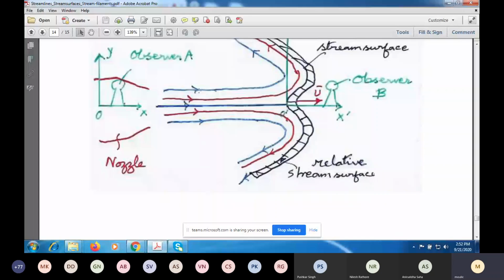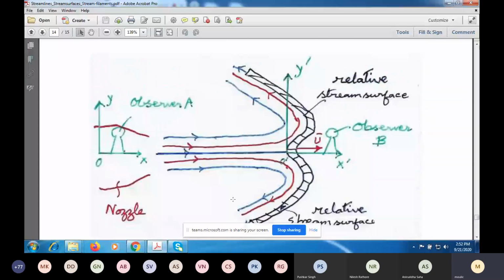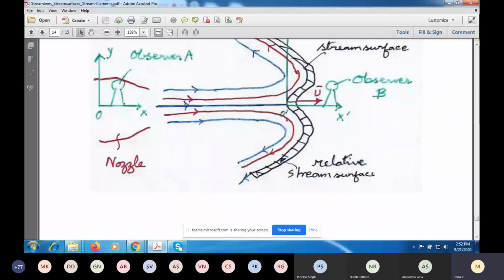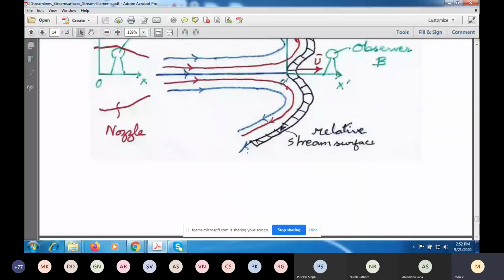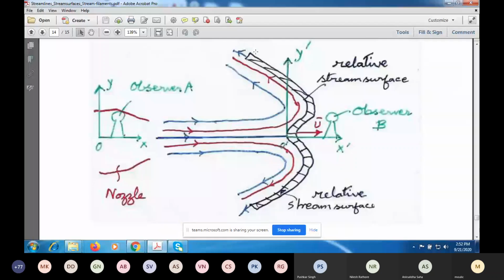So at the exit point here, after it has come out, we can assume the pressure to be atmospheric pressure, and here also at this exit. But somewhere in the middle here, where you see the streamlines moving in a curved path, the curvature will induce a pressure gradient inside, which is not balanced by gravity. So there's an additional pressure gradient due to the curvature of the streamlines, and therefore it is not correct to say that everywhere inside the jet the pressure is atmospheric pressure.